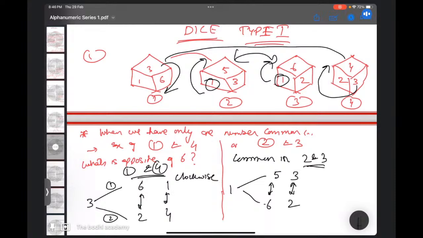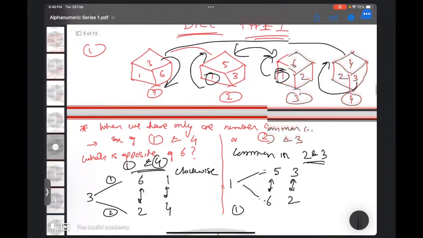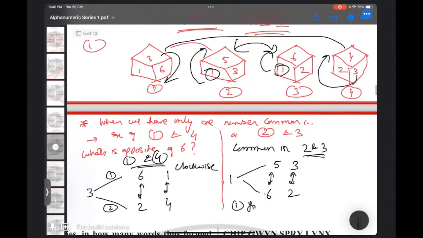So what are the steps? First step, find the common and then write the clockwise numbers, and thus we found the opposite pairs.